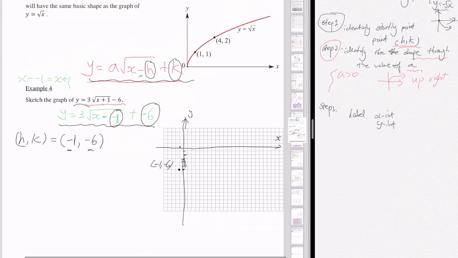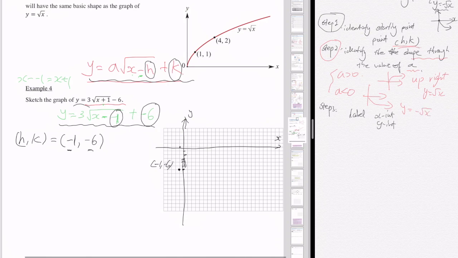And when a is smaller than 0, that means my graph is reflecting in the x-axis. So it's going to go down and right, similar to your graph y equal to negative square root x.